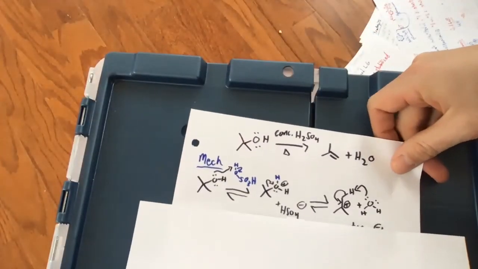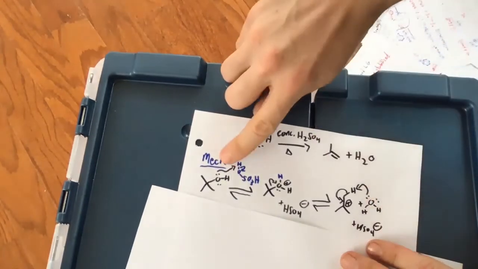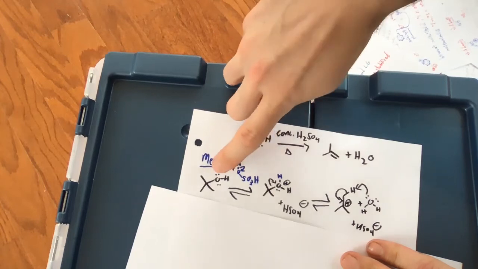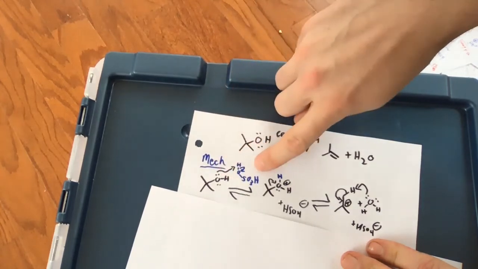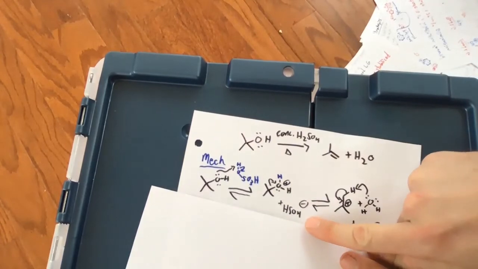So the mechanism is fairly straightforward. You have, again, the first step being protonation of the alcohol with sulfuric acid, leaving you the protonated alcohol and the bisulfate anion.